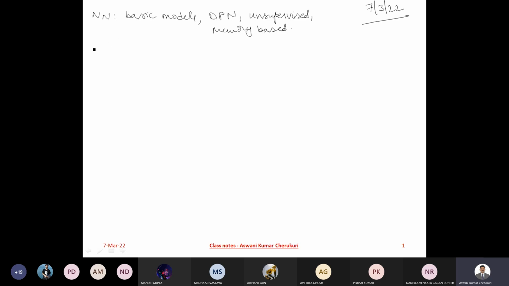Now the next part of the course is fuzzy logic. This is another interesting component of soft computing. It provides a way, similar to neural networks, to reason about things in the practical world, practical applications.